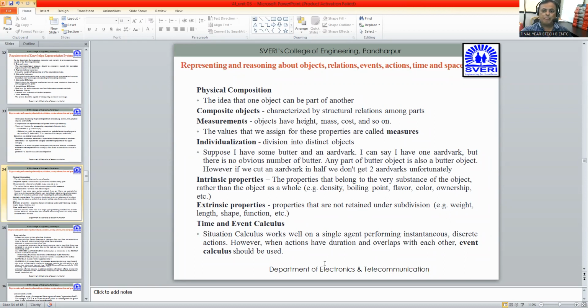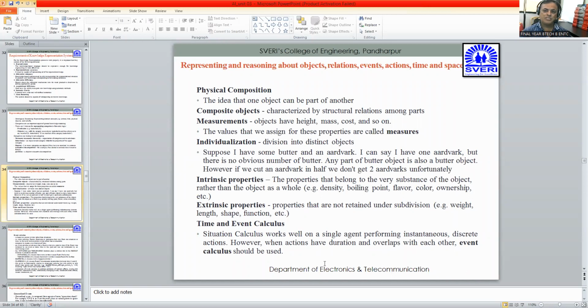So there are two types of calculus that come into the picture. One is your event calculus and the other one is the situation calculus. Situation calculus is discrete: one event is happening and its calculation is done, then another event happens and its calculation is done. But when these events start overlapping each other, or when the actions have durations and overlap with each other, then at that time we use event calculus.